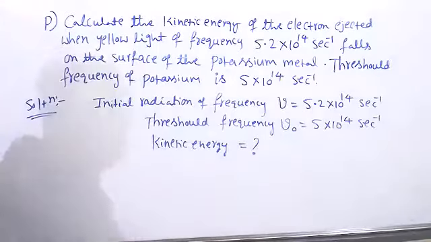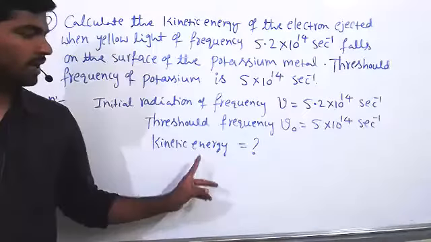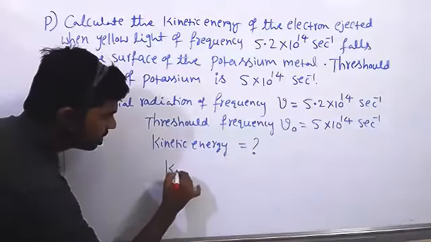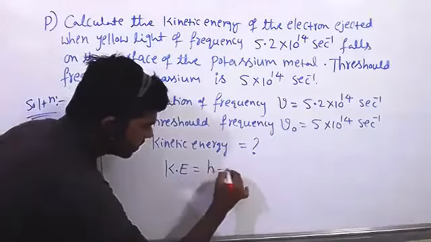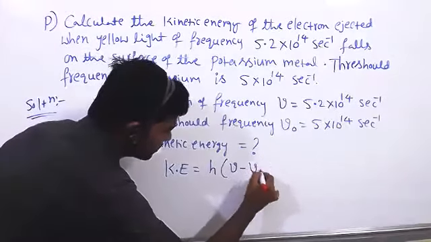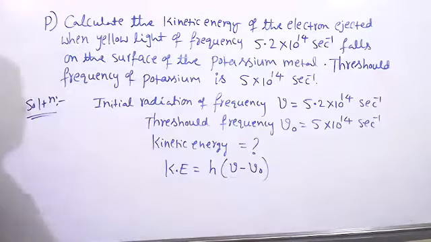K is equal to h of nu minus nu zero, right? I gave you this formula. Now we can calculate the kinetic energy of the photoelectrons.